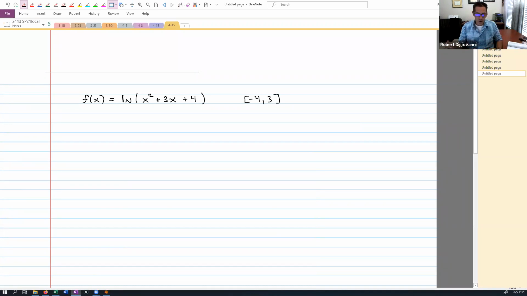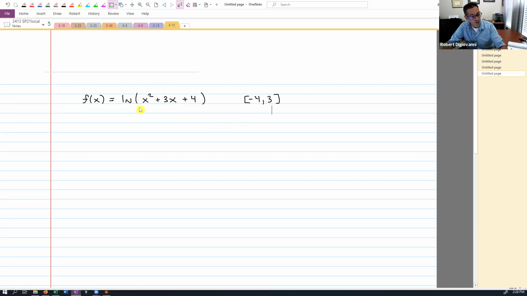Okay. So is this a continuous function on this interval? That question's actually kind of hard, but you could plug a -4 in here and you'd see that you're okay. You're going to get a positive number here if you plug -4 in. If you plug 3 in, you're going to get a positive number here, so you can do the natural log. So everything in between should be good.